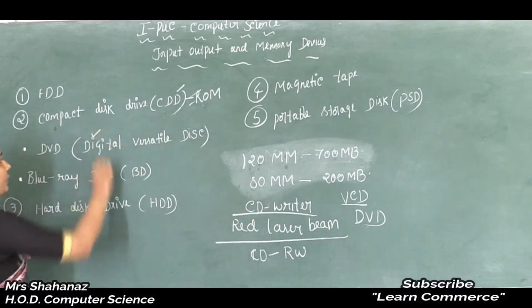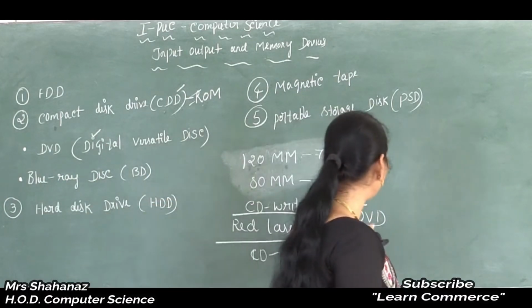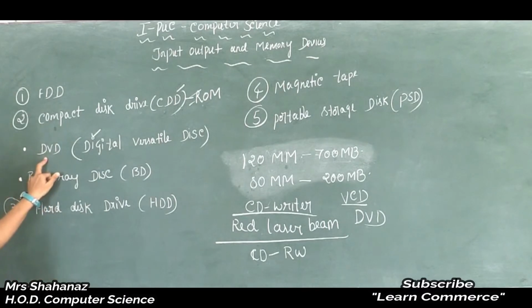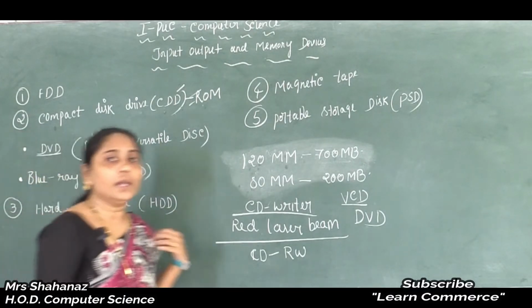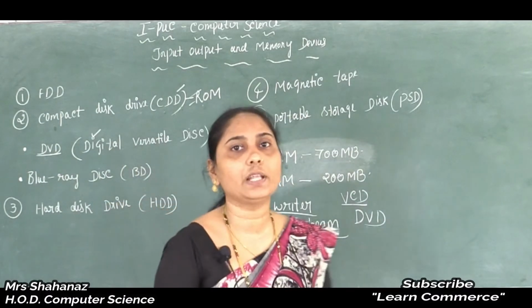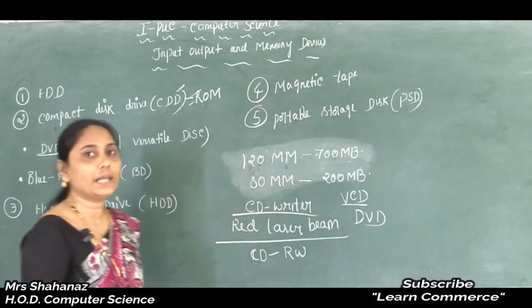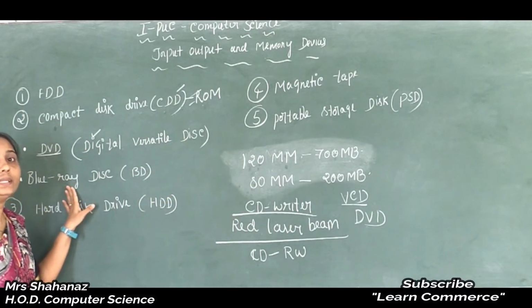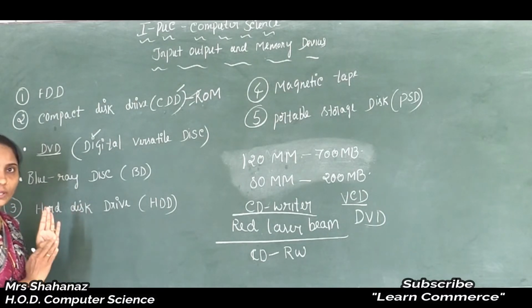After completing the VCD, DVD and also the compact disc drive, now I am going to select the next thing, our DVD. We know that the full form of the DVD is the digital versatile disc, also called the digital video disc. Why do we use the DVD?